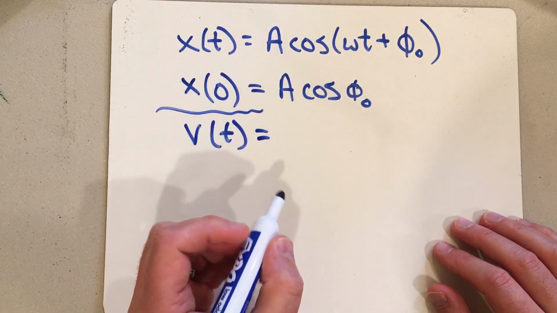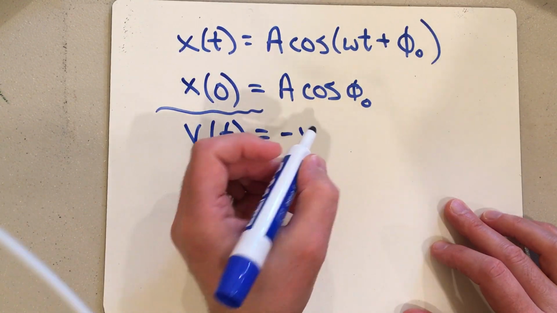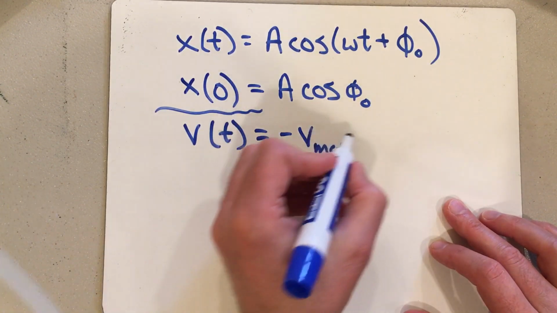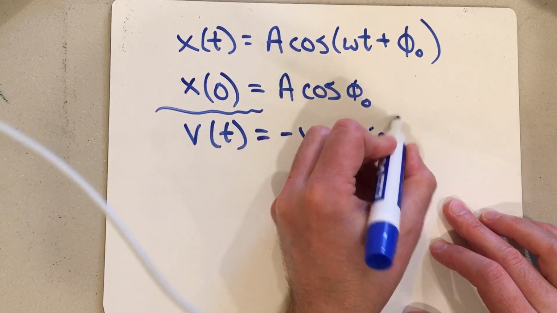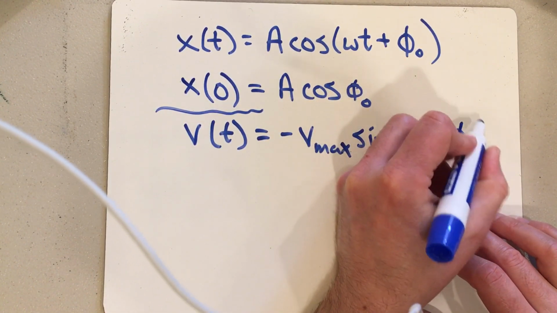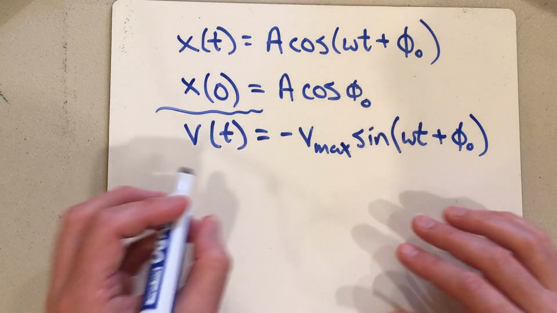The velocity function is negative Vmax sine of omega t plus the phase shift. And so we could do a similar thing.